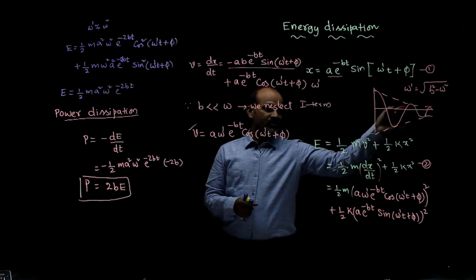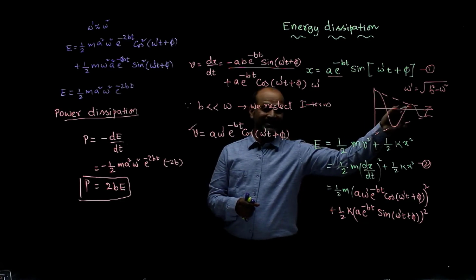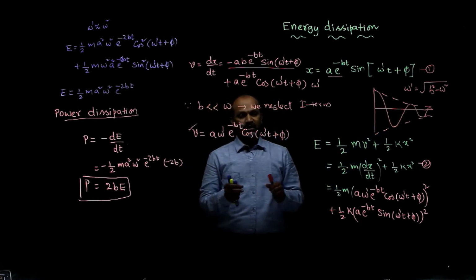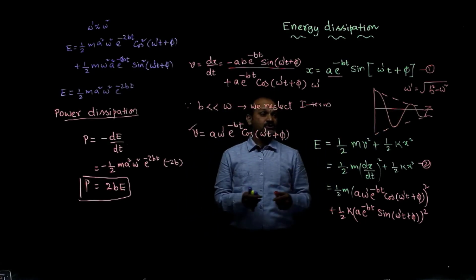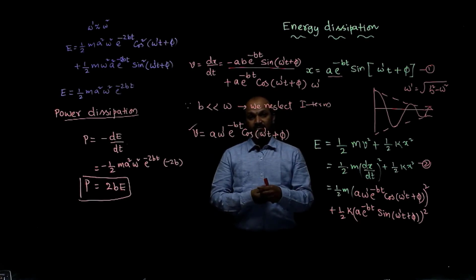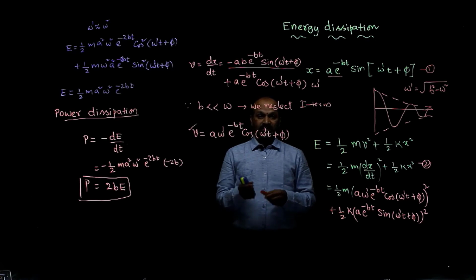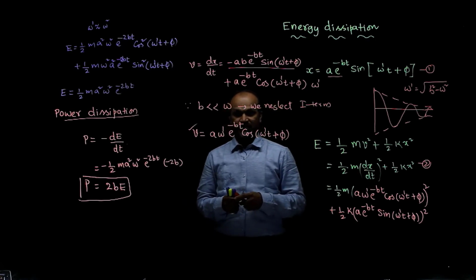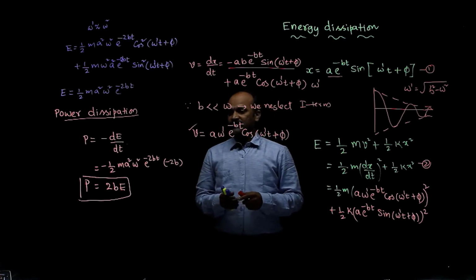Say some initial amplitude is A naught and after one time period it is A1, then the natural logarithm of its ratio is the logarithmic decrement. This is also one of the important characteristic properties in studying these damped harmonic oscillators. Okay, so that we'll see now.